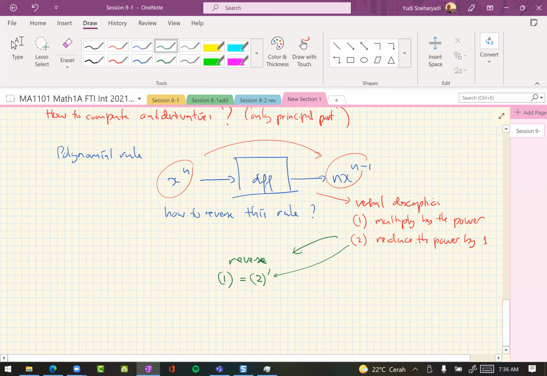Here you reduce the power by 1. So the reverse is to increase the power. Right?